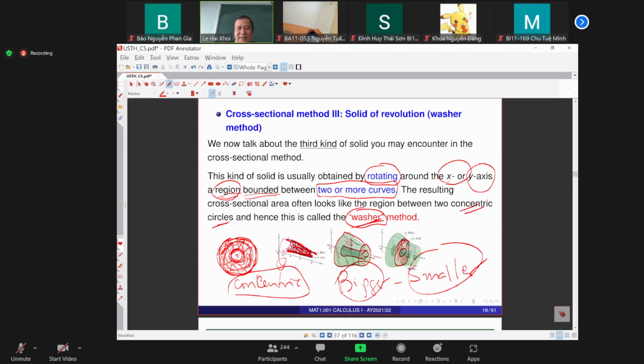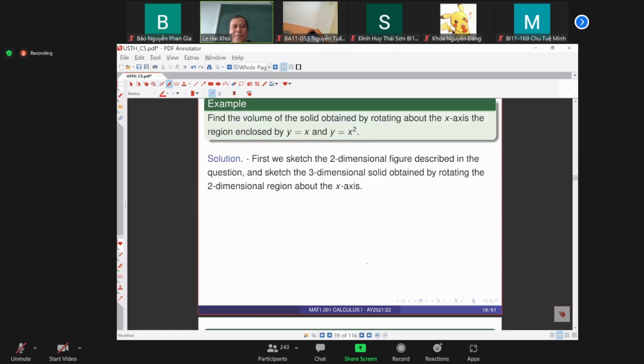the x-axis. So, for example, you rotate the region enclosed by y equals x and y equals x squared. First, very important, you sketch the region. And then you try to see what the three-dimensional solid looks like after rotating.